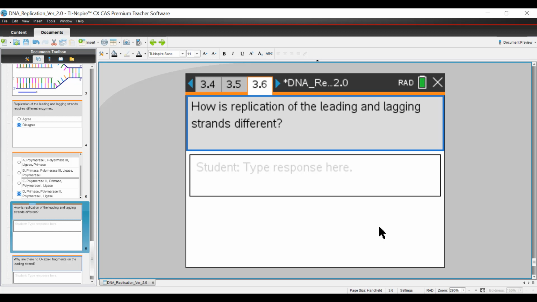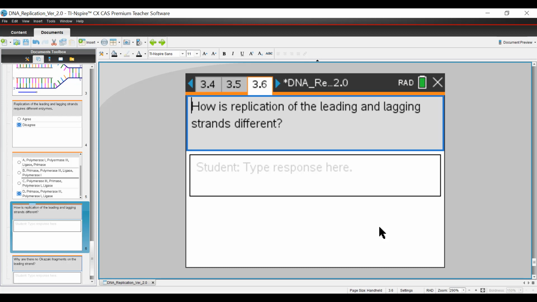3.6, how's replication of the leading and lagging strand different? I think we've touched on this quite a bit actually, but it would be useful maybe to take a piece of paper out and write out the steps of each of the leading and lagging strands to identify those differences.